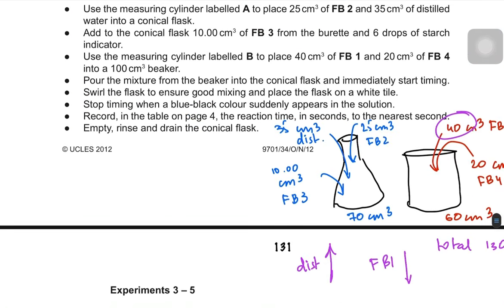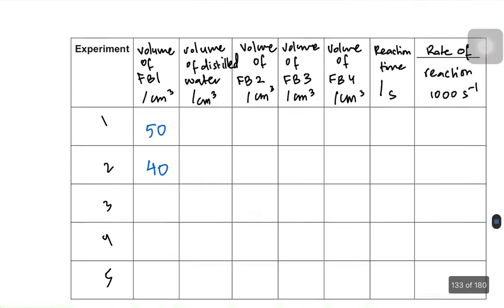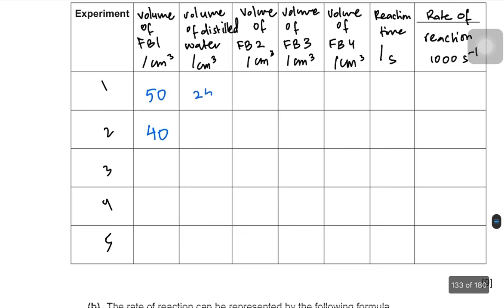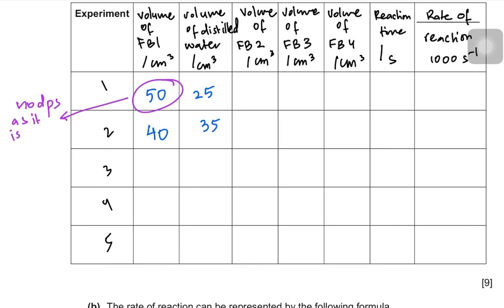You can realize how the volume of distilled water and FB1 are changed to keep the total volume the same. Volume of FB1 has no decimal places as it was measured using a measuring cylinder, which is not an accurate piece of apparatus.